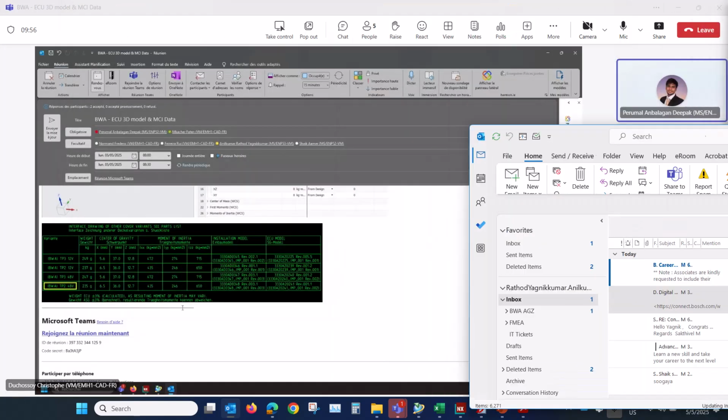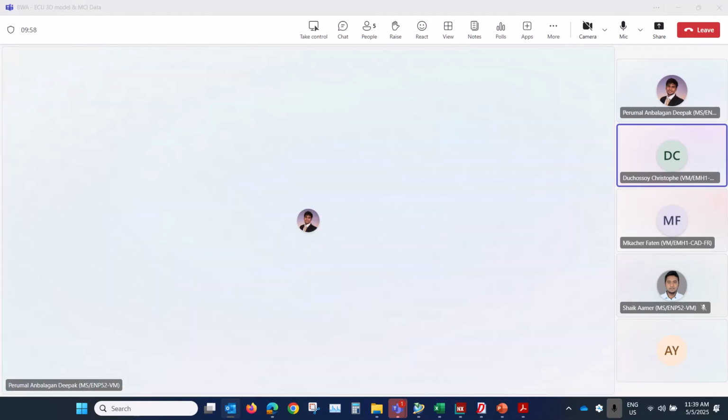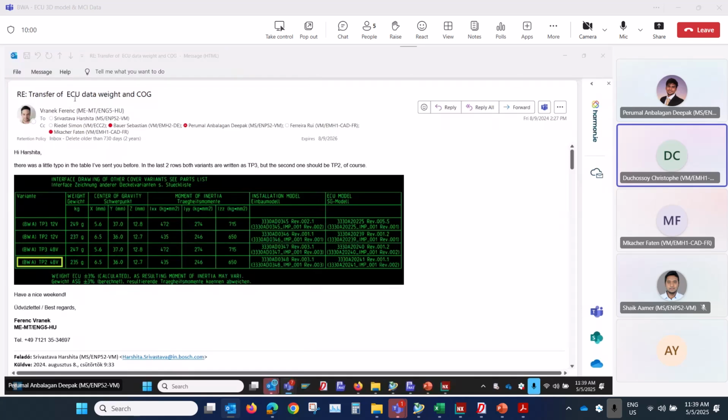Yeah, it's somebody, they are working in Hungary. Exactly. And they work on the ECU itself. And this one is an extraction from the drawing of the different variants of the UCU for BWA, I imagine.